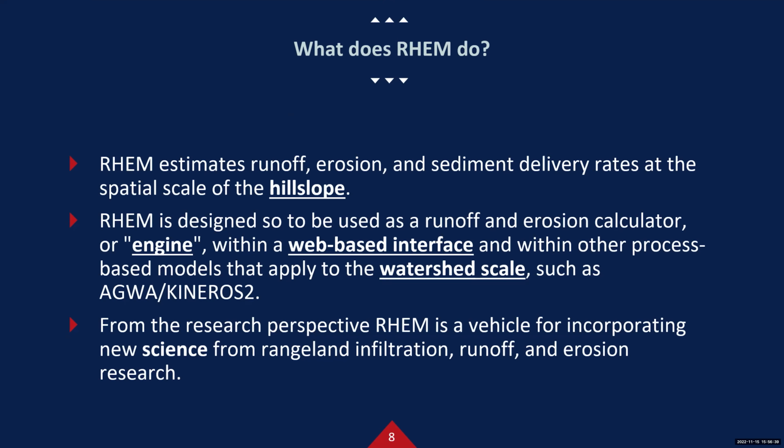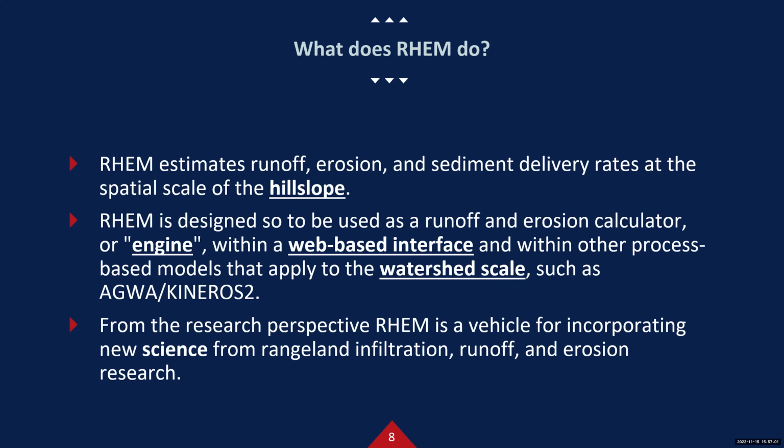And as I say, from a research purpose, this is a way to bring in new science, particularly in terms of rangeland infiltration, runoff, and erosion. So WEPP is another model developed by ARS and that is used by NRCS.